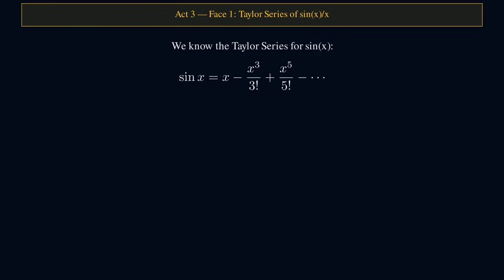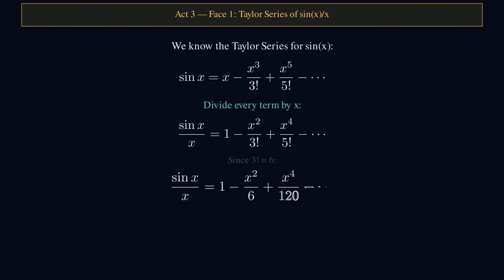Now, divide every single term by x. Sin x over x equals 1 minus x squared over 3 factorial plus x to the 4th over 5 factorial minus, and so on. Since 3 factorial is 6, this simplifies to 1 minus x squared over 6 plus x to the 4th over 120, and so on.